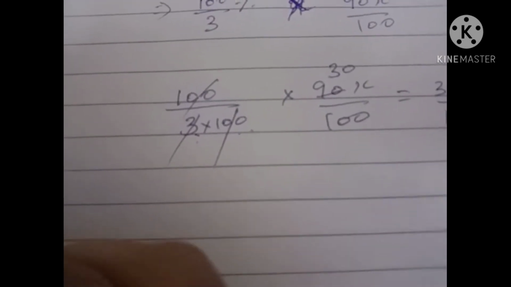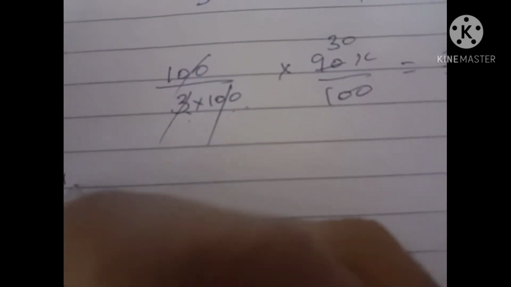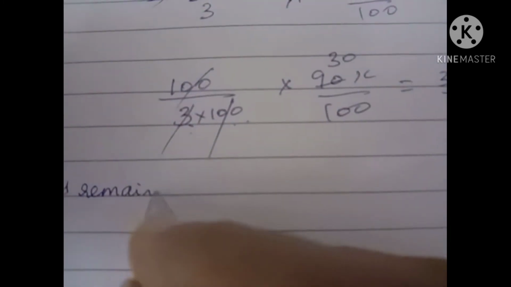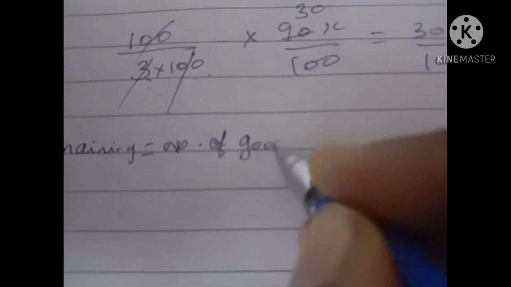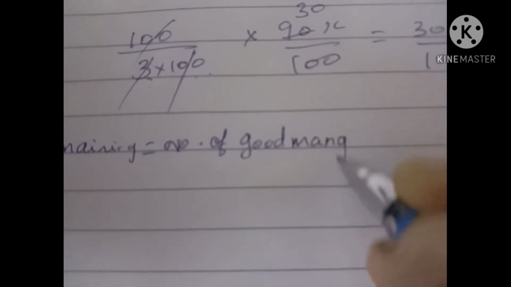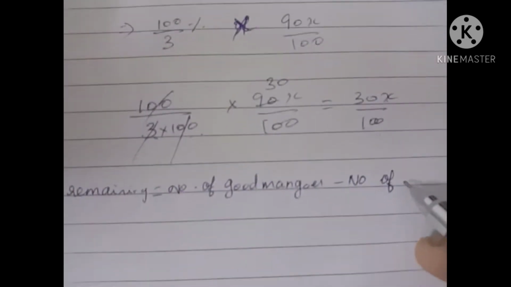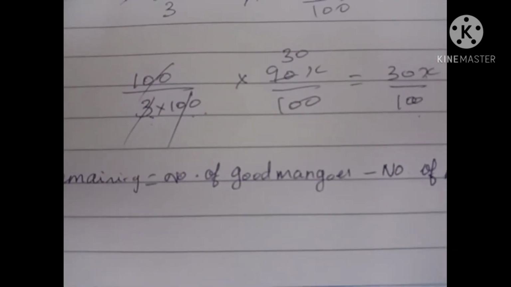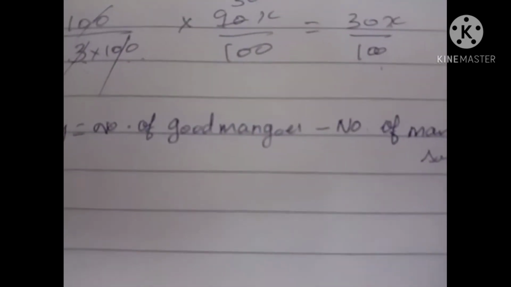Number of mangoes remaining is equal to the number of good mangoes minus the number of mangoes sold.